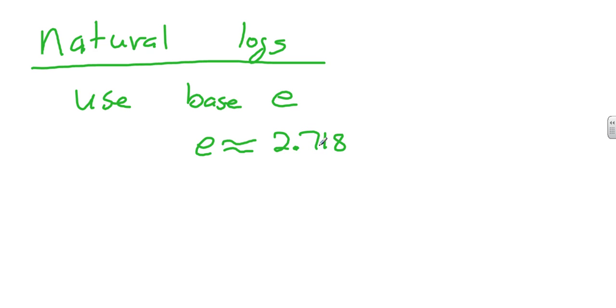Basically it's 2.7 if you need a one decimal place answer. You could take it out a few more decimal places, but it's basically 2.7. 2.718, 2818, 2845, 9045, it just keeps going and going. But three decimal places is 2.718. That's the approximate part.